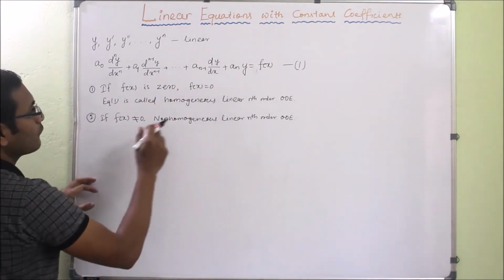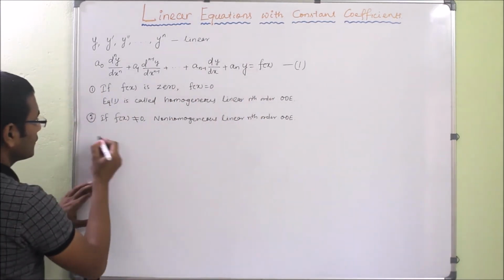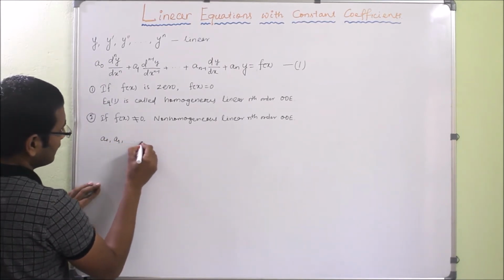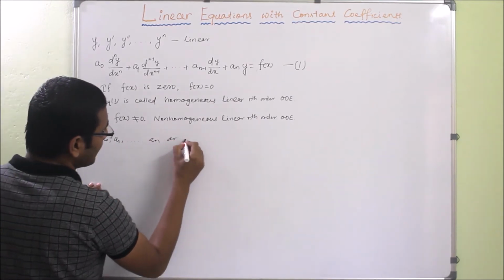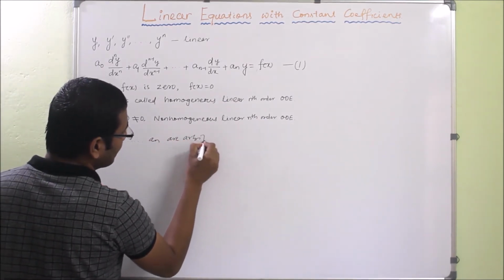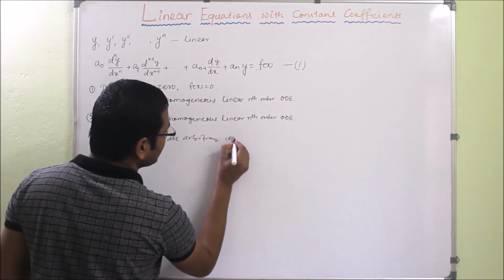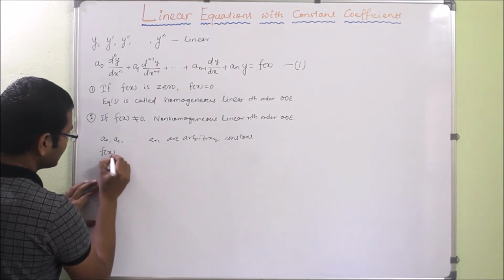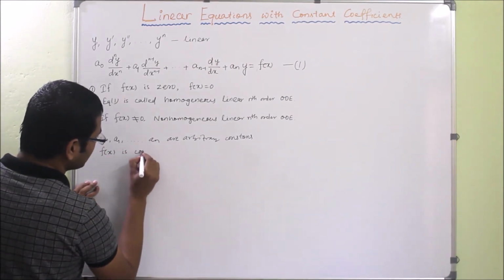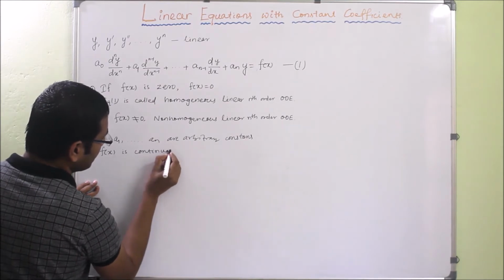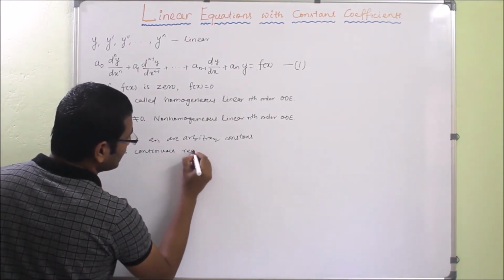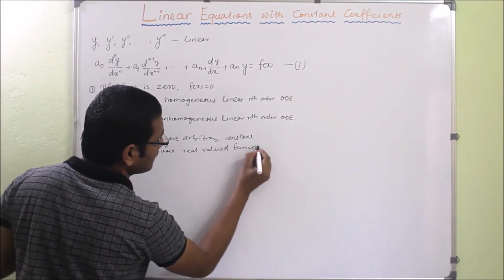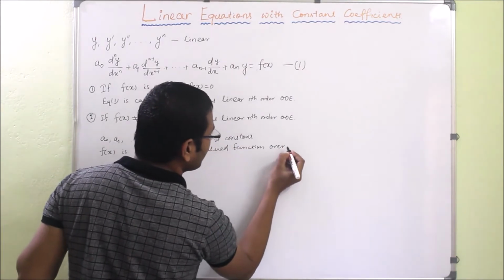So here what about the function f of x? Here a0, a1, up to a_n are arbitrary constants, but f of x is a continuous real valued function over the domain.